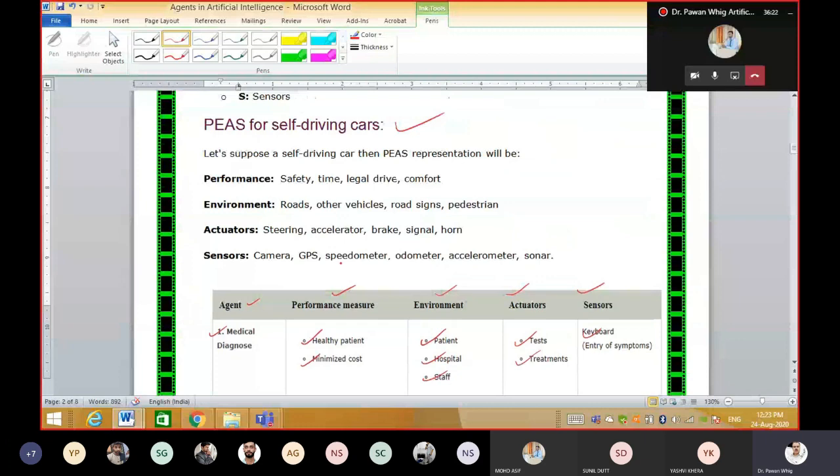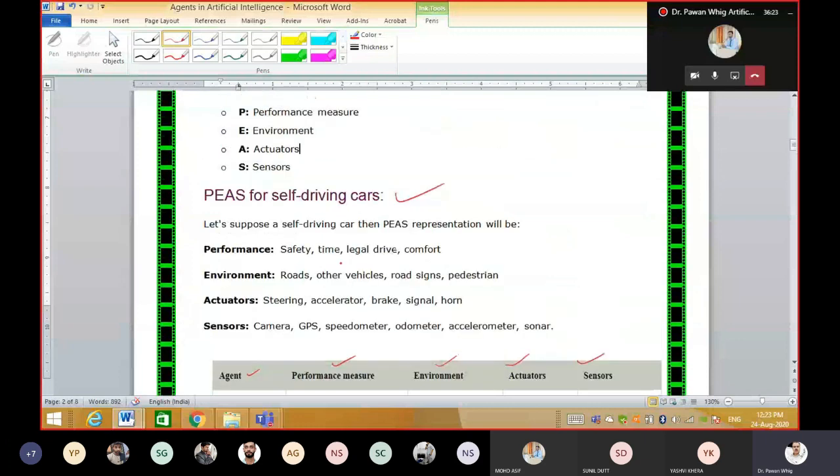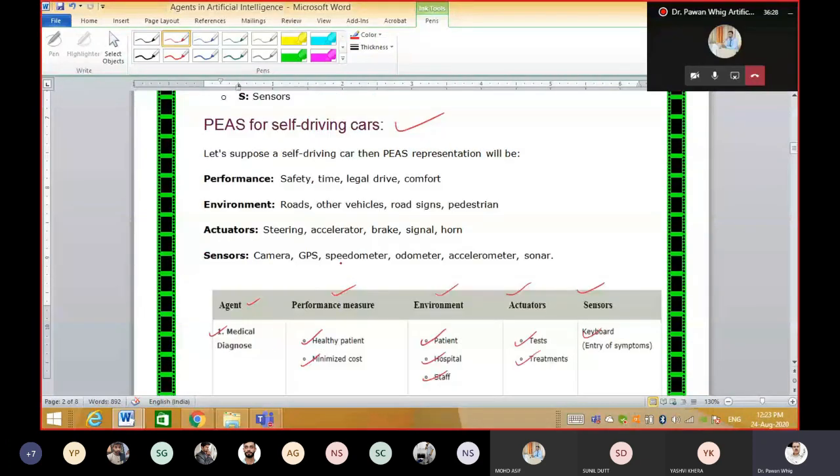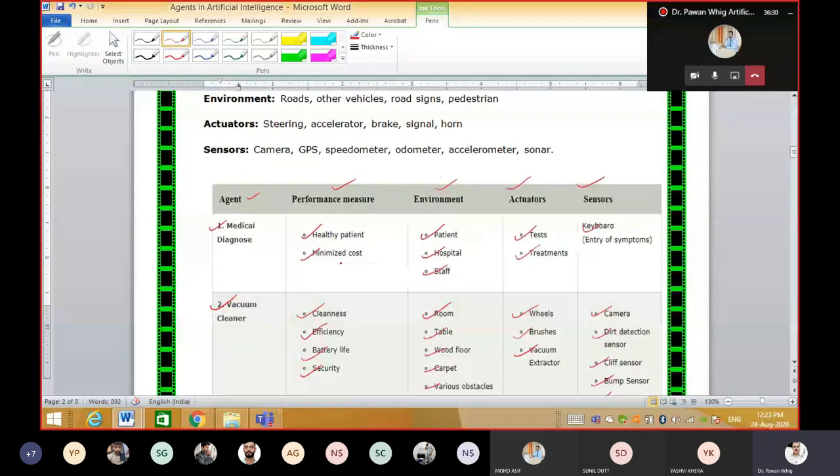So you may be asked in the exam to tell the P's for a self-driving car, or for medical diagnosis, or a vacuum cleaner. And mind it, this is not always exactly the same. You may have your own thinking. Like in medical diagnosis, the keyboard is one thing. Another thing through which you can put a sensor is by measuring the temperature, a thermometer, which is also a sort of sensor.